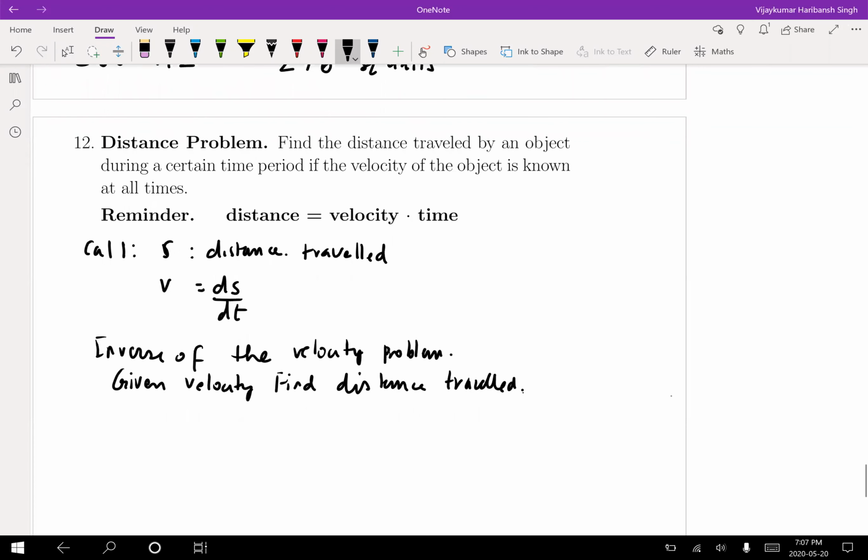Now we know that distance upon time is velocity. So distance equals velocity times time. Right? So if the velocity was a constant, then life would have been pretty straightforward. You had d equals velocity times t, and you would have been done.